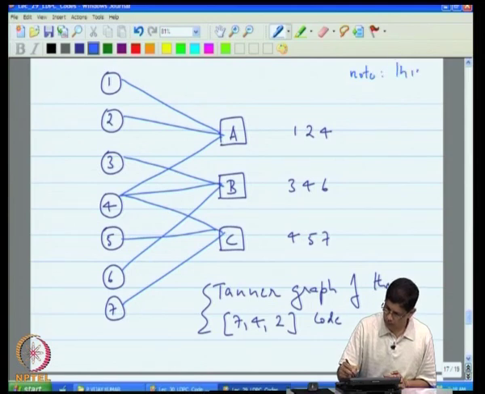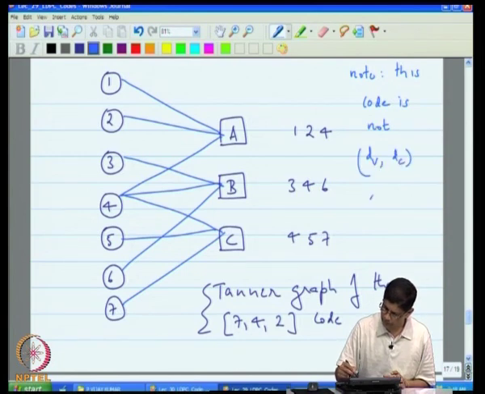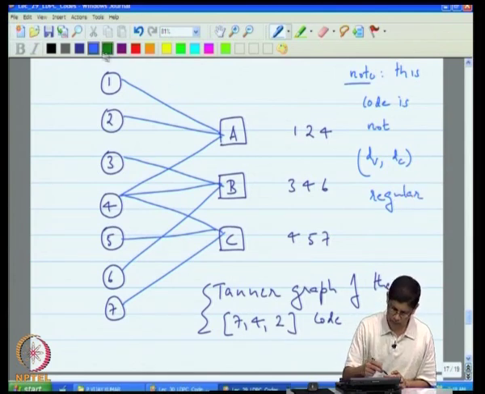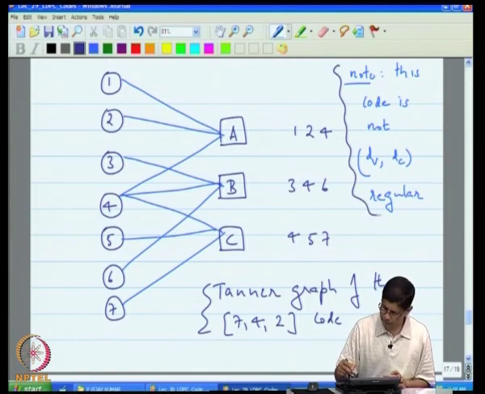Note this code is not DV-DC regular. All right.